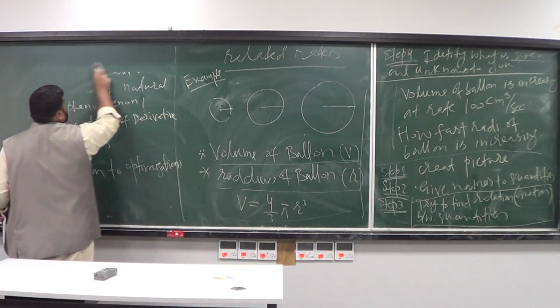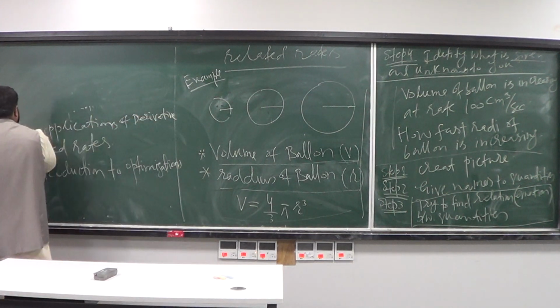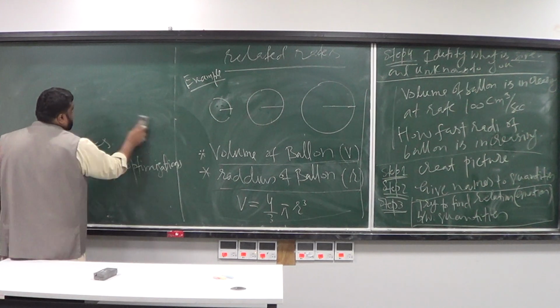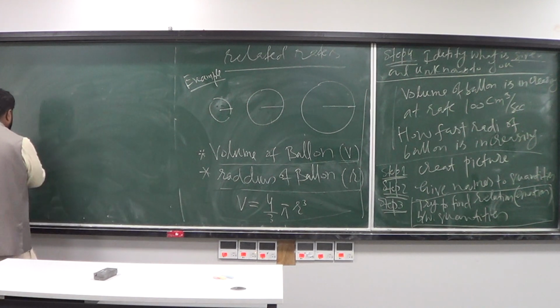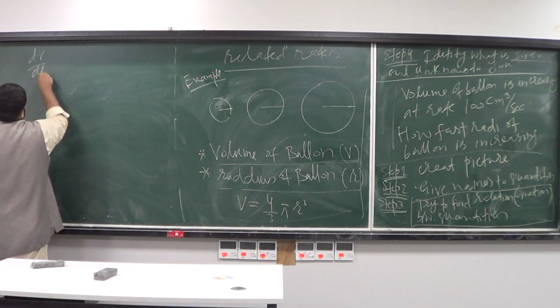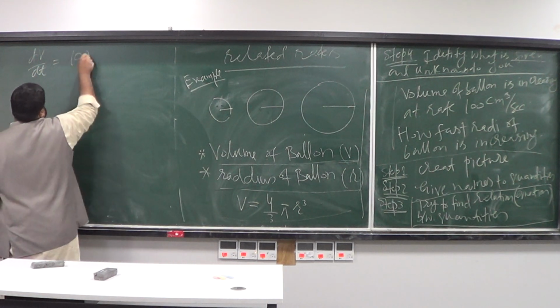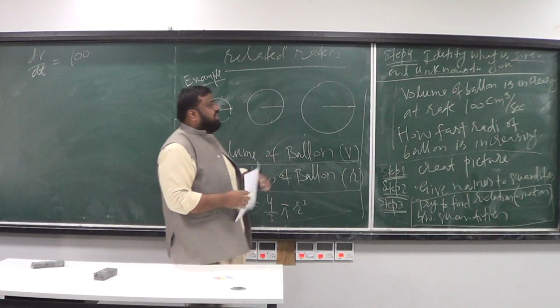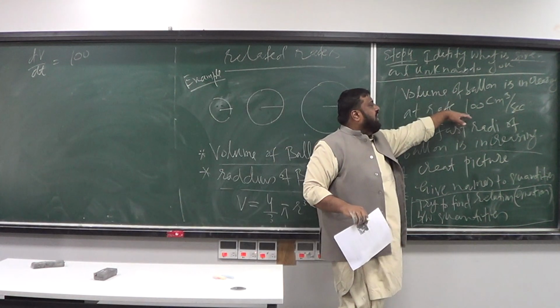So let's do step number 4. It tells you that over time the volume is increasing at some rate, so dV by dt is this, because the rate of increase of the volume is this.